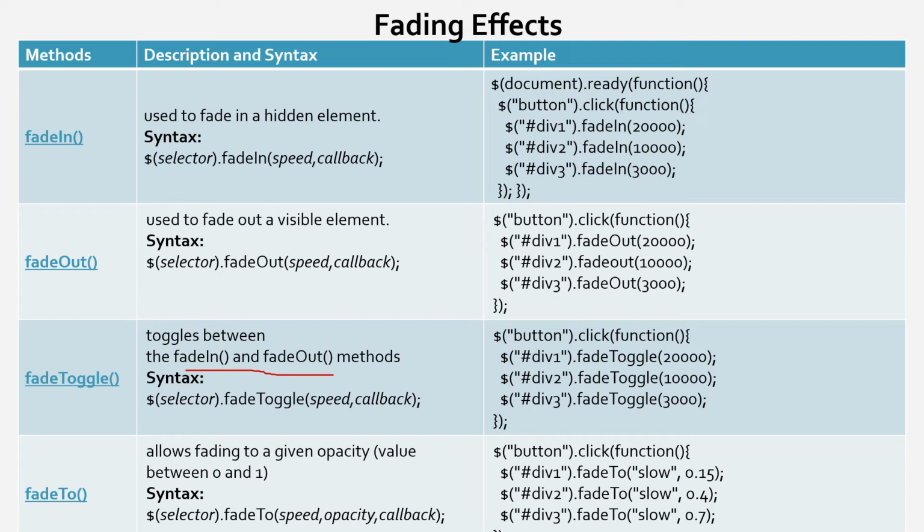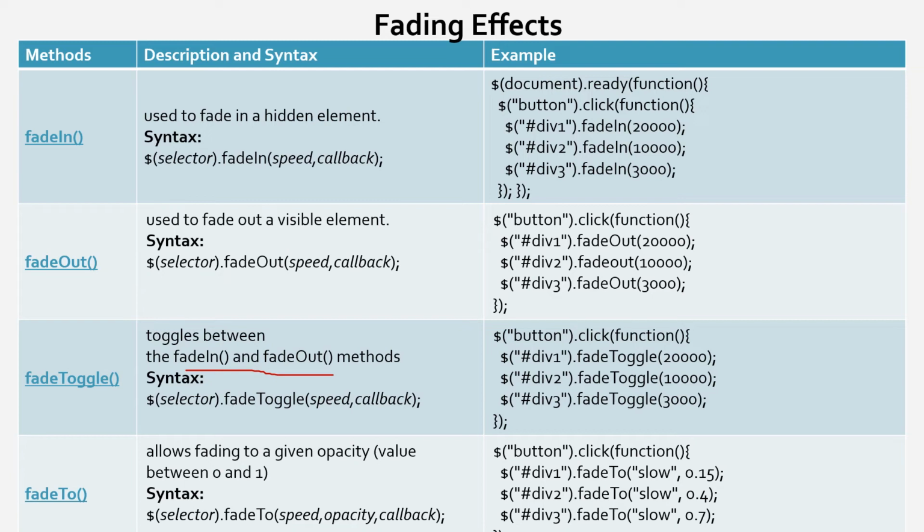Okay, that will toggle accordingly, based on the display variation and the timing we have specified. Fade in means the boxes will display, fade out means the boxes will go off. So one button itself we can use for both purposes.